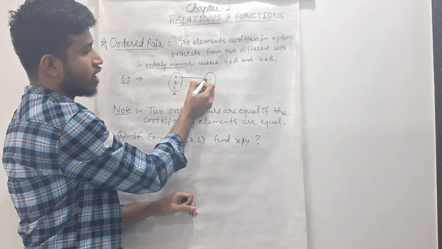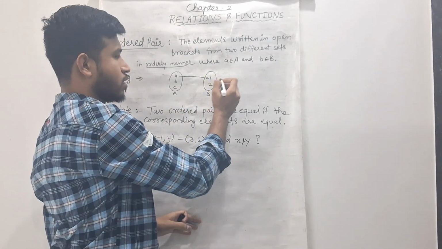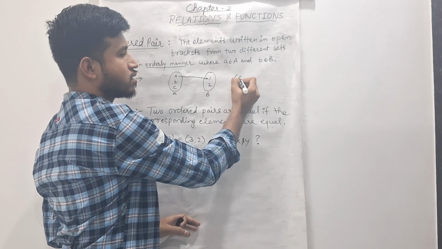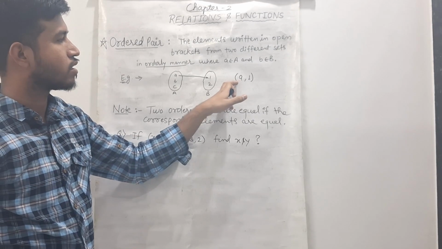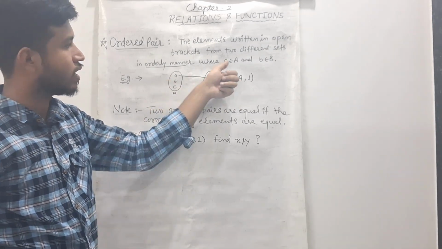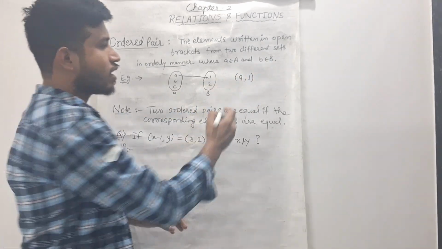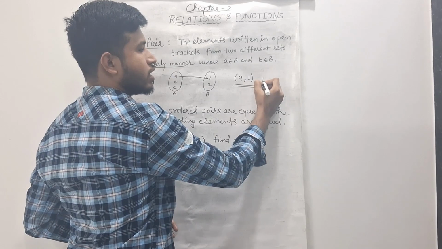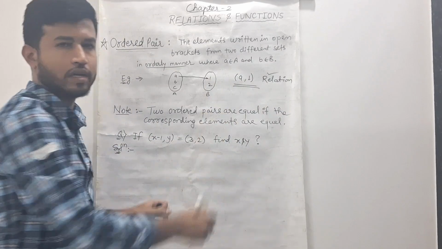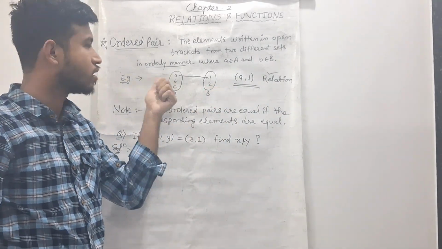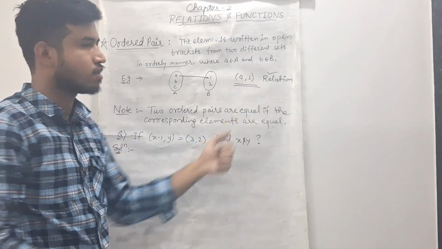Like a relation of A to the element 1 in the other set. How can we write this? (A, 1) in open brackets, meaning this element A belongs to set A and the other element 1 belongs to set B. It is a relation from set A to set B, a relation between these two elements A and 1.